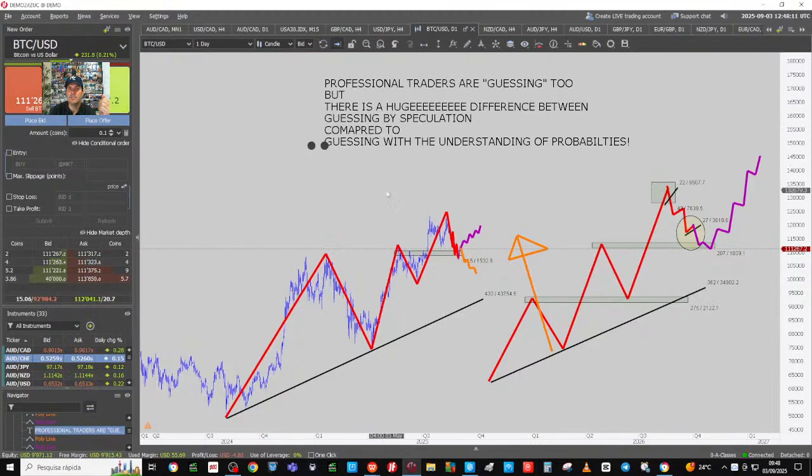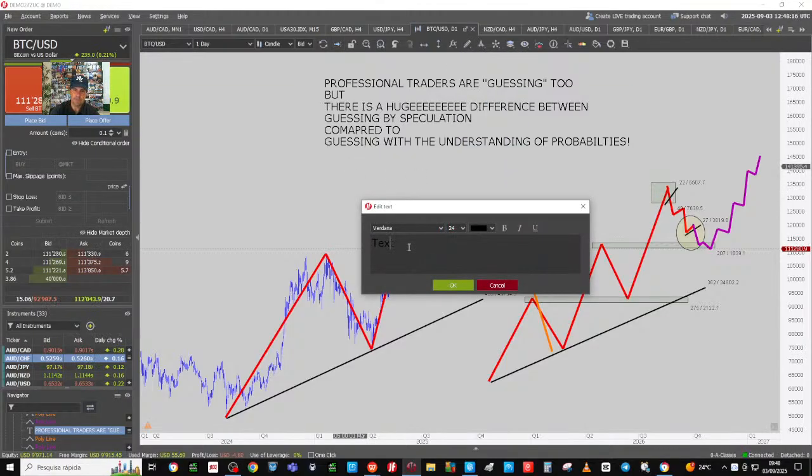Now I'm guessing by speculation, speculating. Make sense, everybody? In other words, professional traders don't speculate, they trade from what they see.